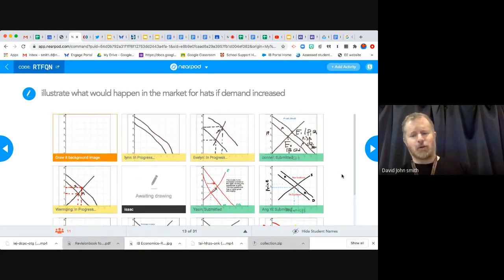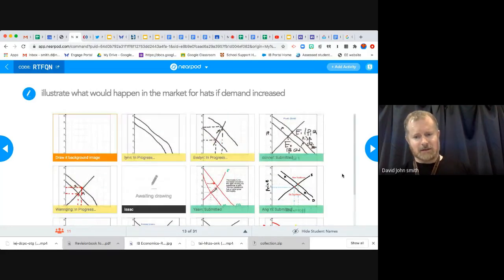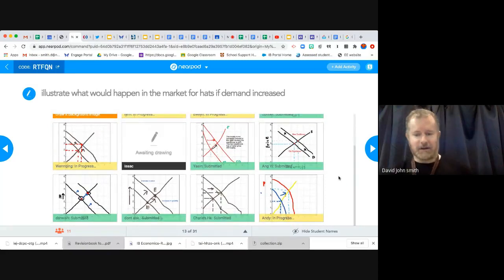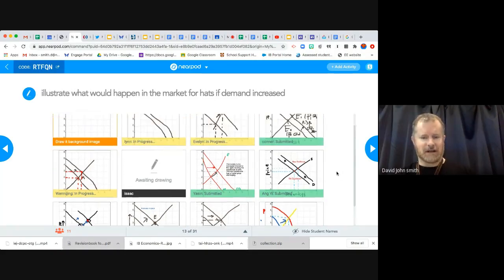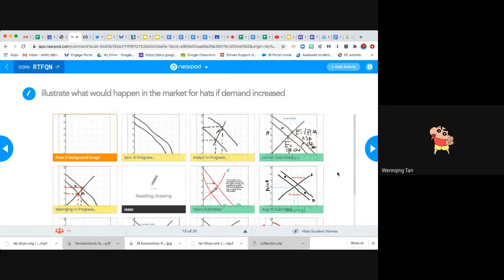In fact, for almost all of your IGCSE, you're going to deal with just straight lines. There will be a couple of times when we can discuss what happens if they are curved, but otherwise they're going to be straight lines. It makes it much easier to do analysis, and some of the future analysis that we're going to use is going to require them to be straight lines. Okay, thank you.